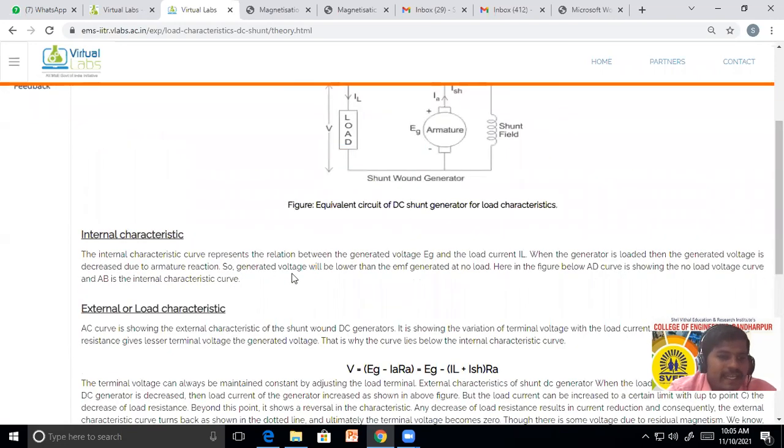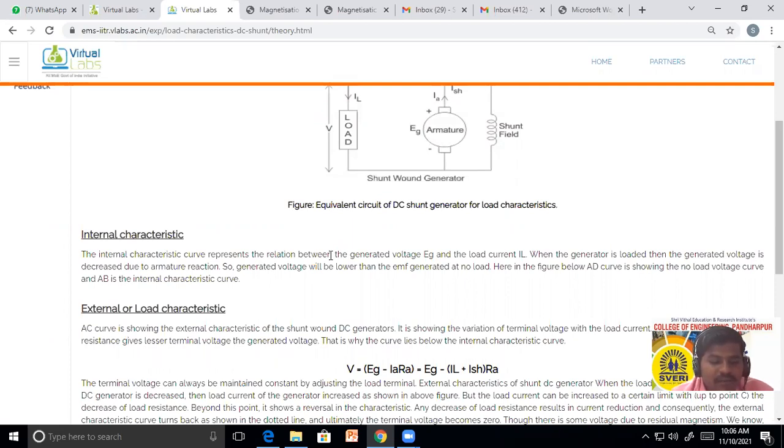So see the internal characteristics. The internal characteristics will be a curve. It gives the relationship between the generated voltage EG and the load current IL. And when the generator is loaded, then the generated voltage decreases due to the armature reaction. हे आपण बघितलं, due to the armature reaction the generated voltage will slightly reduce.